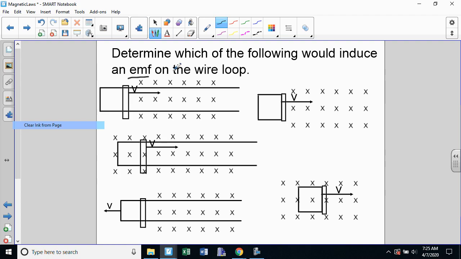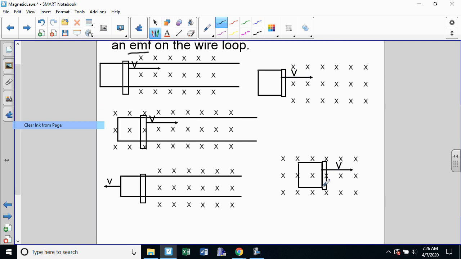In number 4, instead of rails, I've just got a square loop, and I'm going to take the entire square and move it into the magnetic field, the whole loop of wire, to the right.